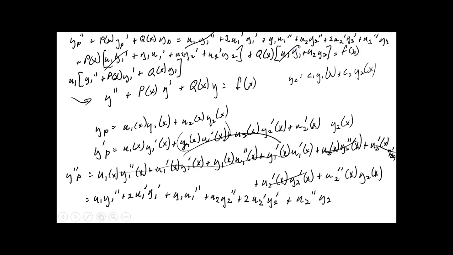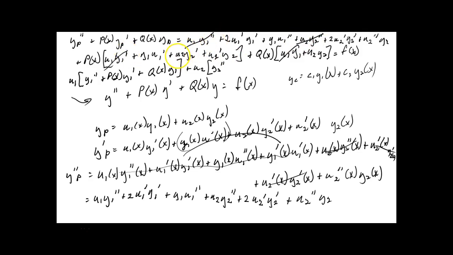Now let's do the same thing with u2: plus a u2 multiplied by a y2 double prime. That will take care of that term.